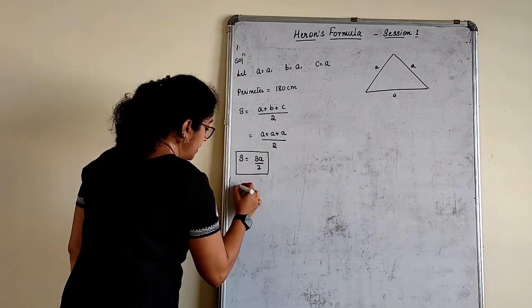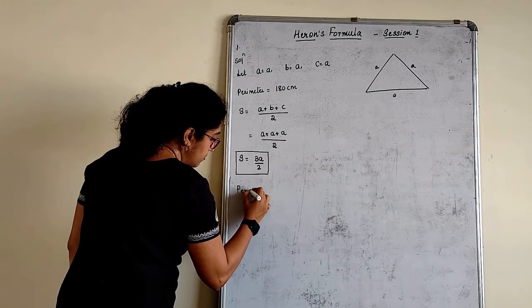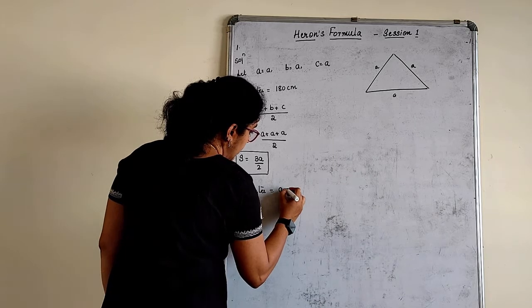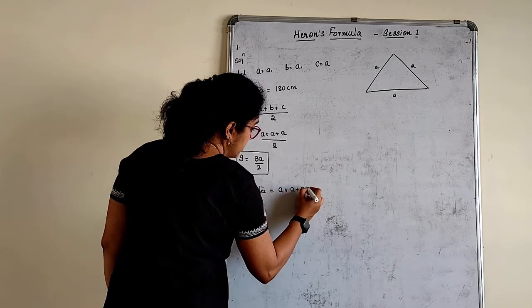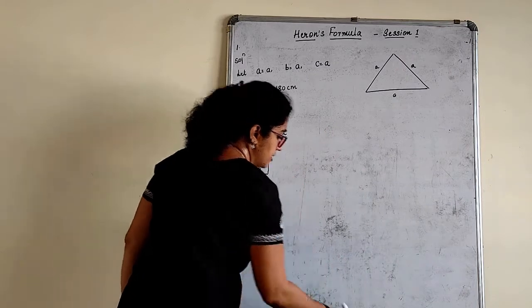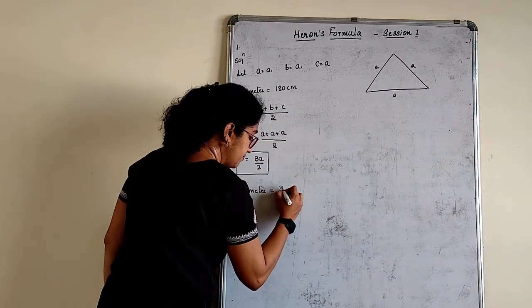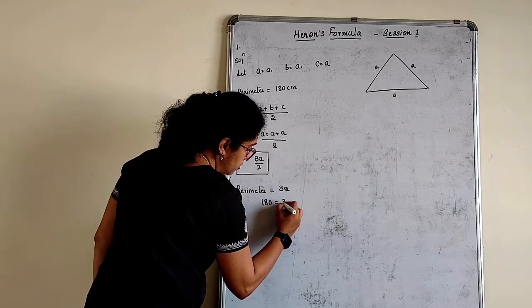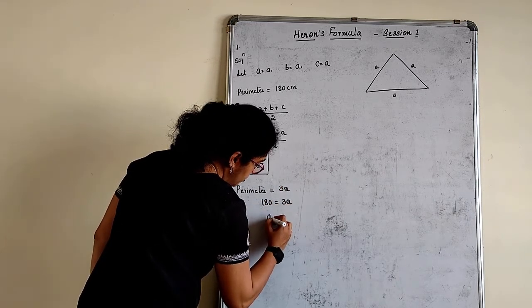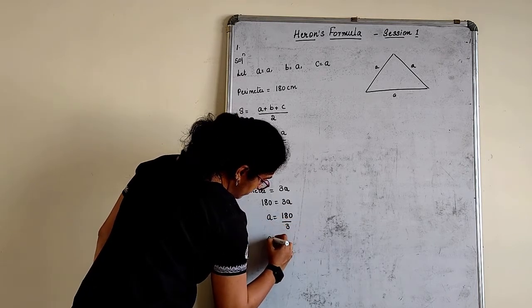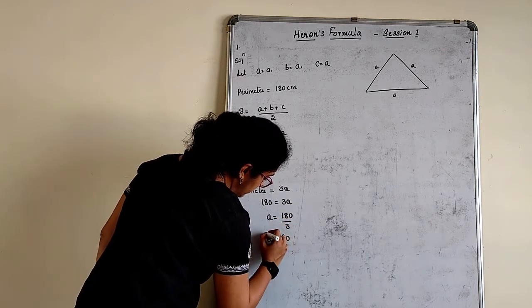Next, perimeter is equal to a plus a plus a, the sum of three sides, or we can also write this as perimeter is equal to 3 times a. 180 is equal to 3 times a. So a is equal to 180 by 3. a is equal to 60.